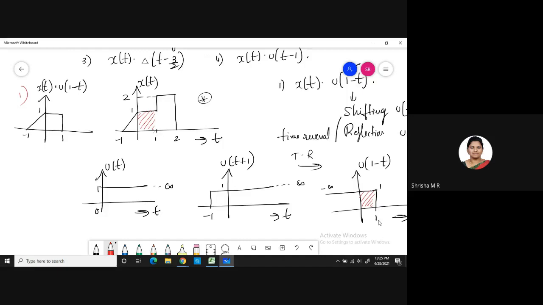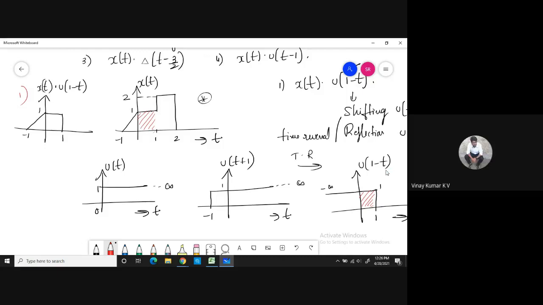Check the overlapping space. You try to put this on this. This is the overlapping space, right? So this will be the multiplication of x of t and u of 1 minus t. Whatever is the overlapping space, you are reproducing here when you multiply x of t and u of 1 minus t. Got it?